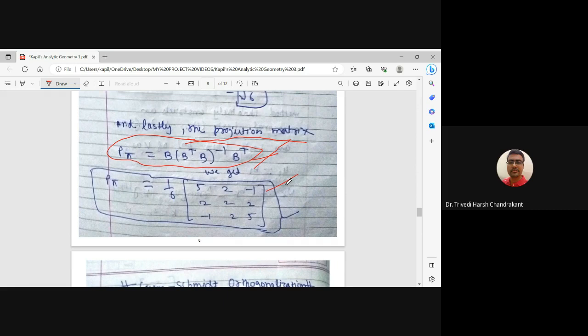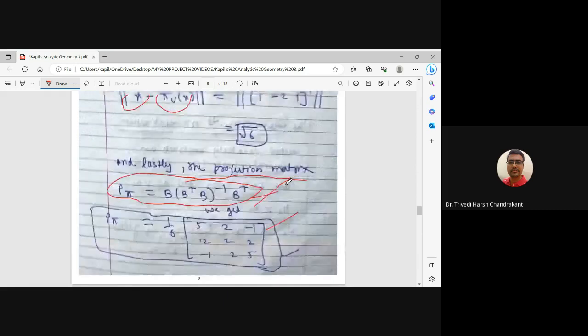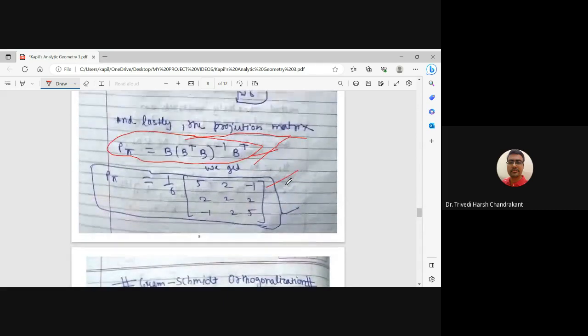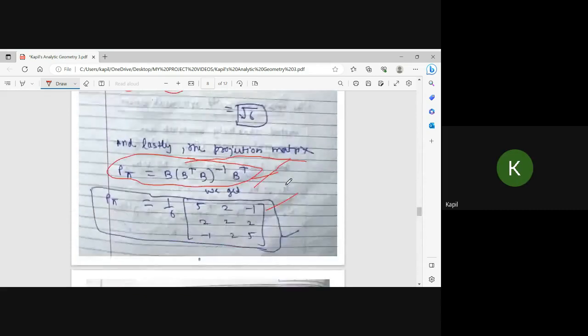So this you found as a projection. I will study more about this projection matrix. In this example we found a projection which is a kind of general projection, because we are finding it using the pseudo inverse.